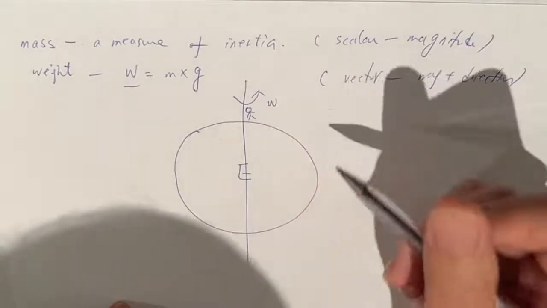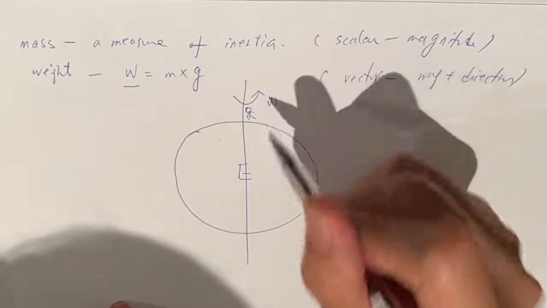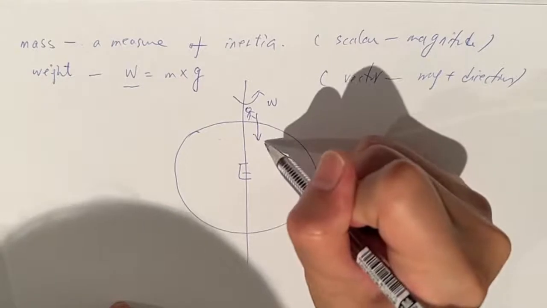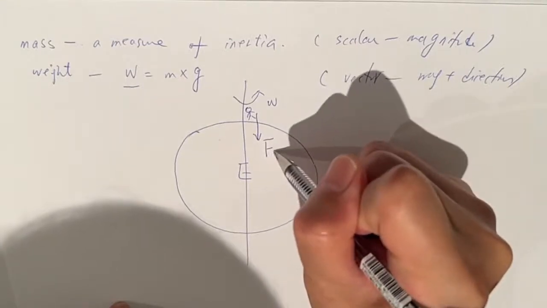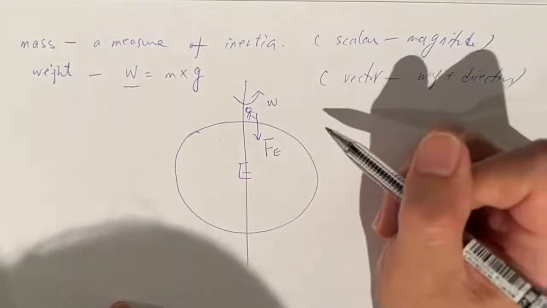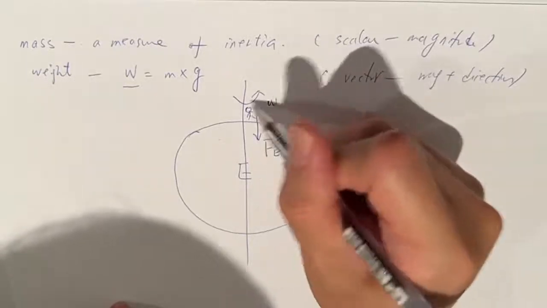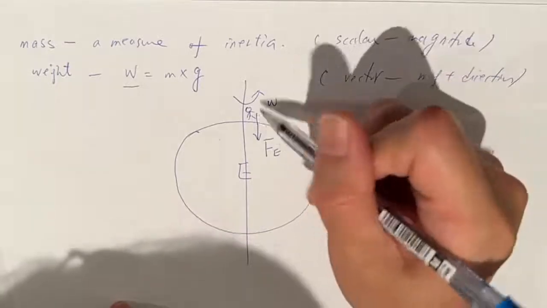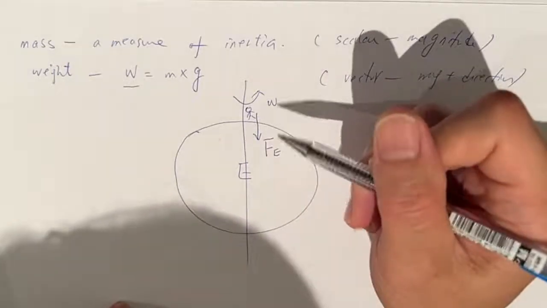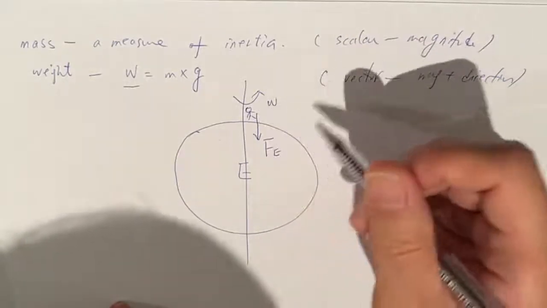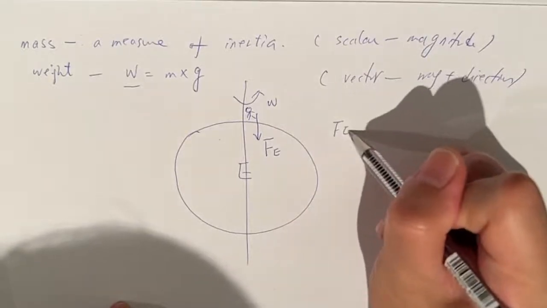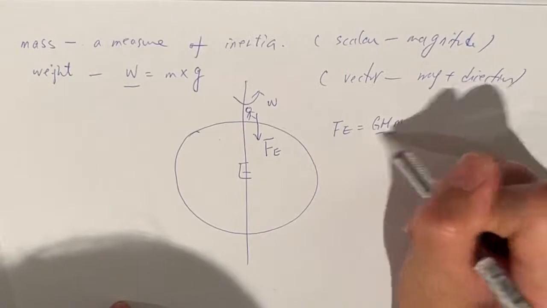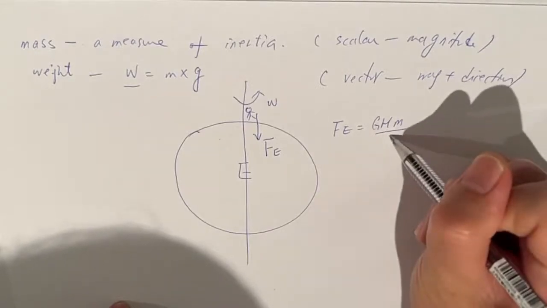We just draw the force diagram here. We get the gravitational force from the Earth. We call this Fe, right? If this body is in free air, then this is the only force acting on him or her. We know that the force is equal to the gravitational force acting on this person.